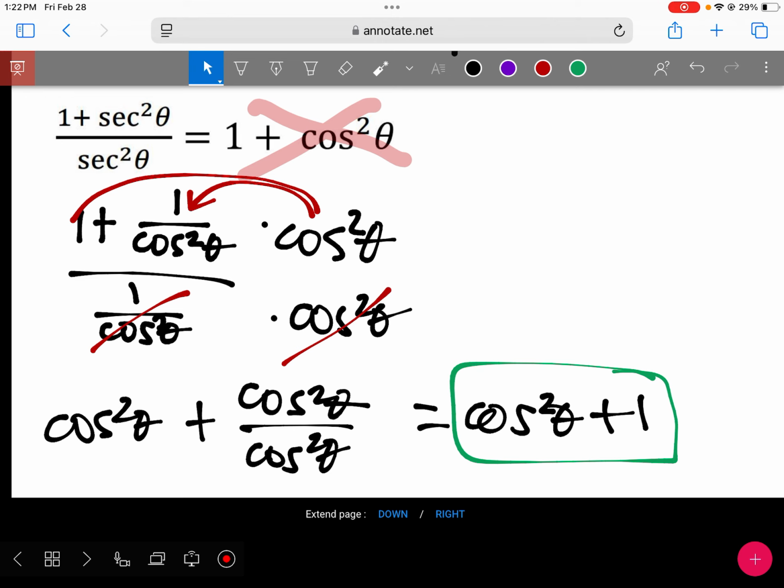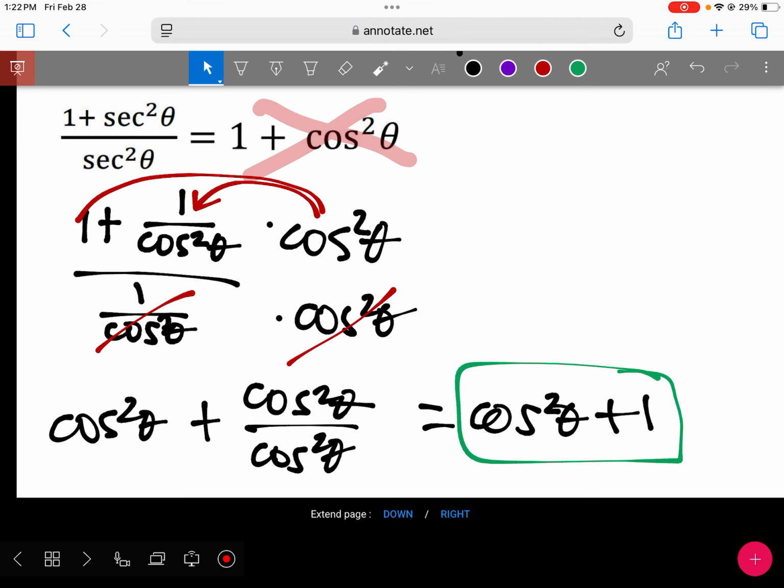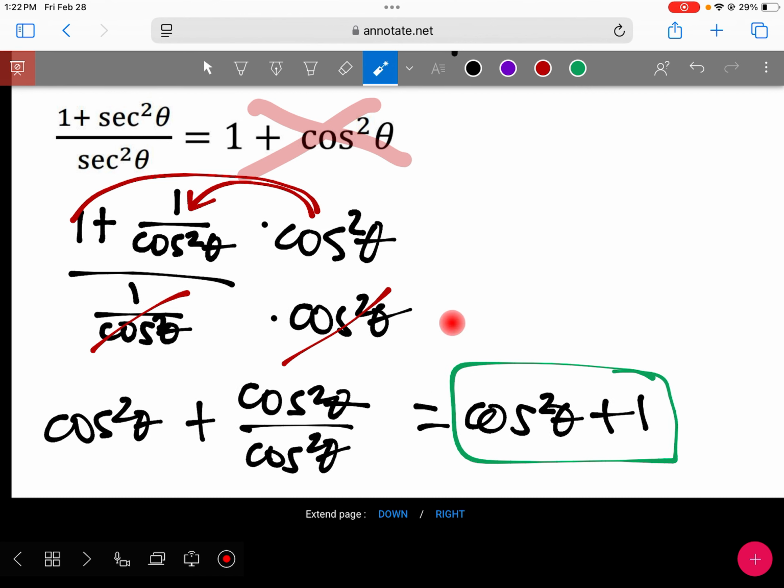When I multiply the top and the bottom by cosine squared, the bottom becomes 1. And if I multiply the top by it, that's where I distributed it. So I get a cosine squared here. And if I distribute it here, I get a cosine squared over a cosine squared, which is a 1. So at the end of the day, I get a cosine squared plus 1. And that is exactly the same thing as 1 plus cosine squared.